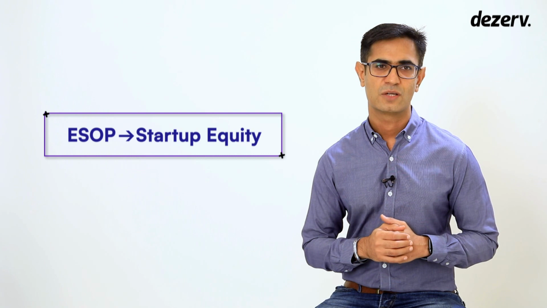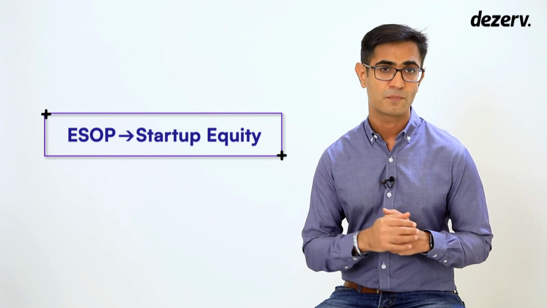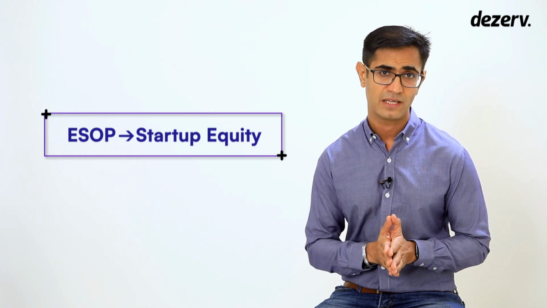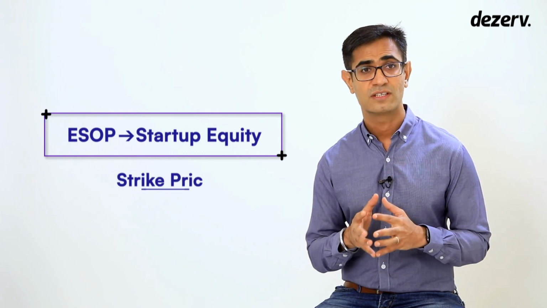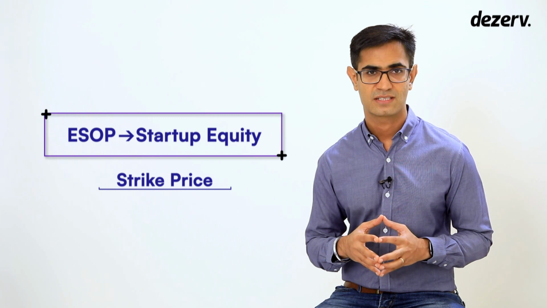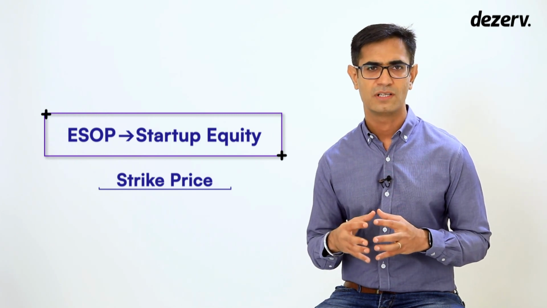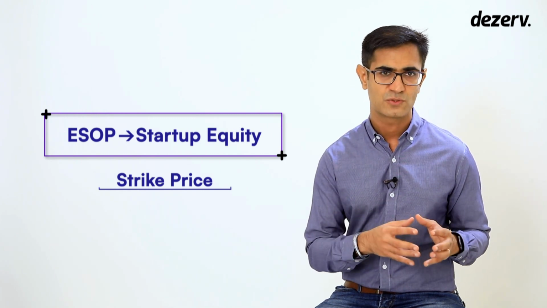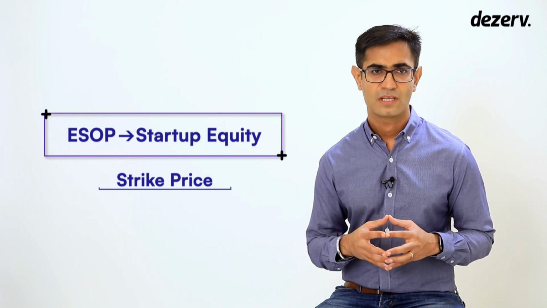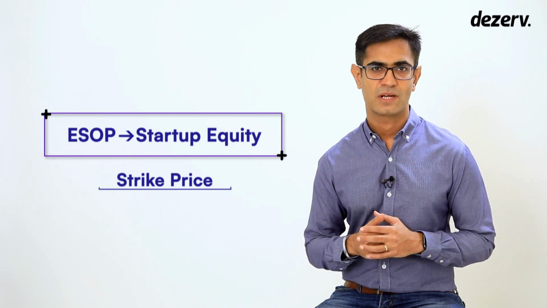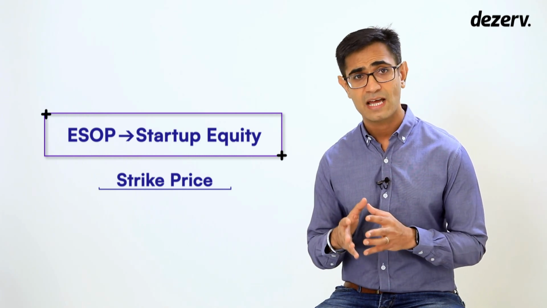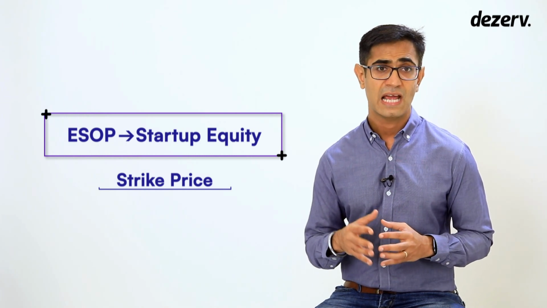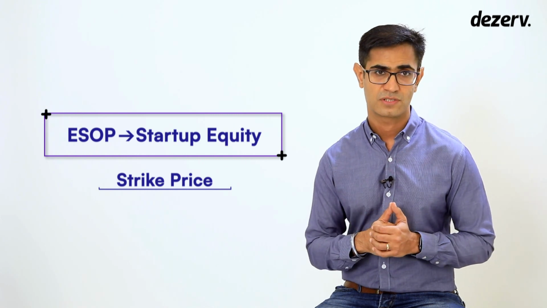While granting the ESOPs, the startups mention the price that you will have to pay for converting them into equity. This is called the strike or exercise price and is often a very nominal amount, say ₹1 or thereabouts. Along with the exercise price, the employee must also pay taxes as per their applicable income tax bracket at the time of exercising these options.